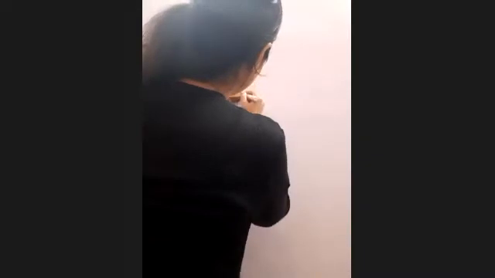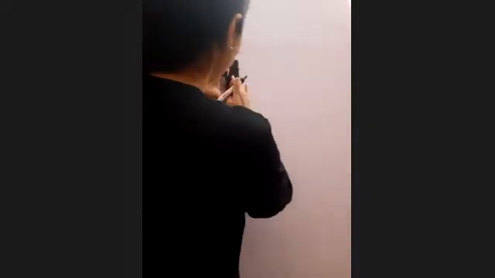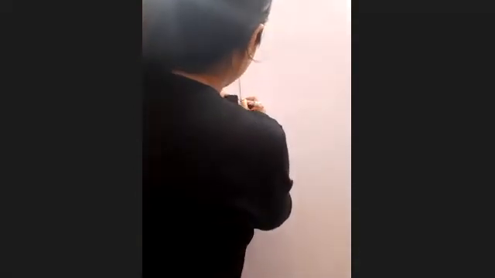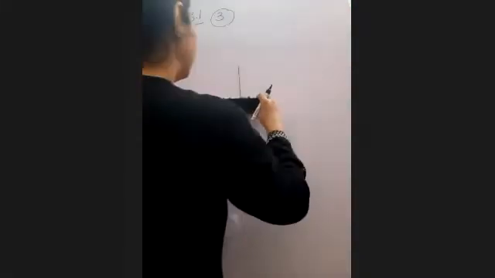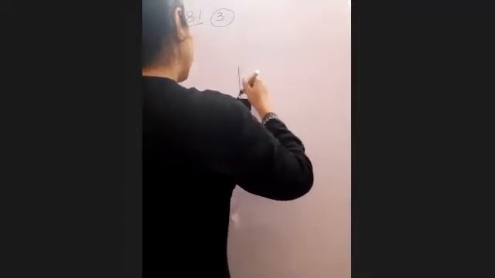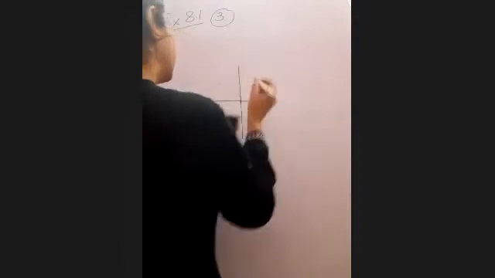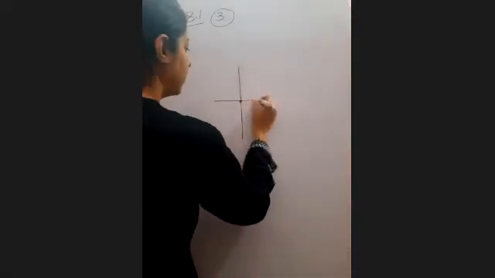The best way to draw a rhombus is to draw a straight line. Mark its midpoint. Through the midpoint, draw another line which divides it into two equal parts, so that it is the midpoint of both these lines.